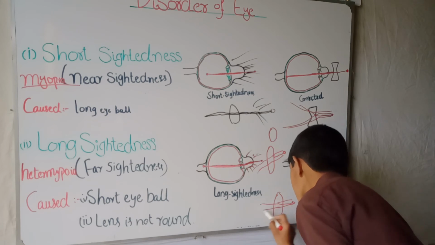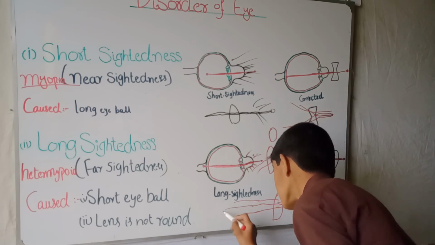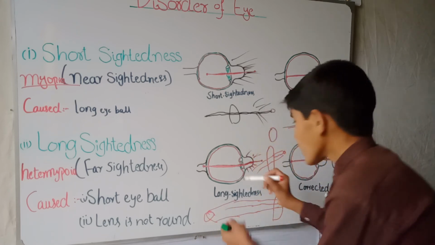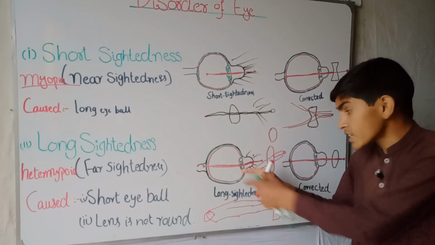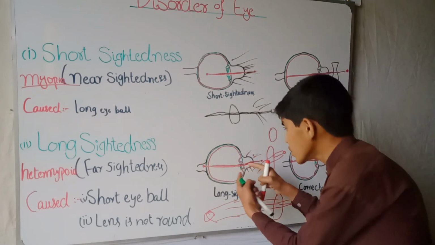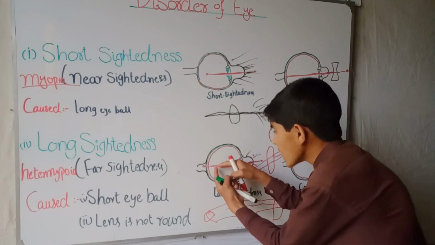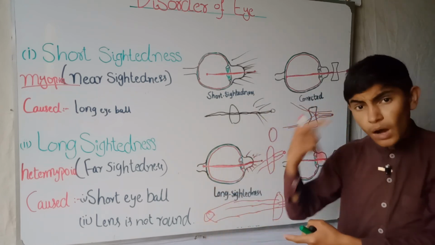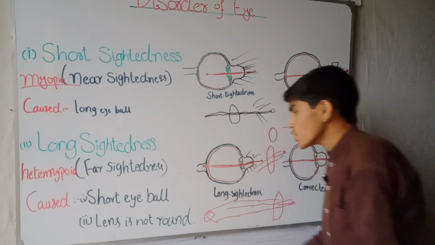The light rays go without converging and then converge later. So it covers a lot of distance to be converged. It takes a lot of time to converge, so it passes through and, after covering a lot of distance in our eye through the vitreous humor, then converges.